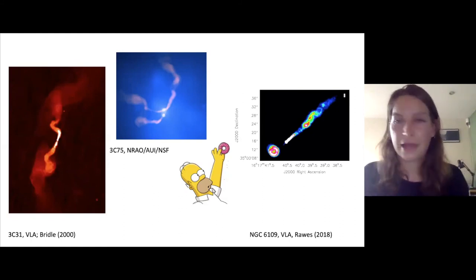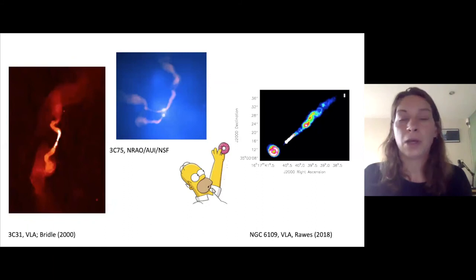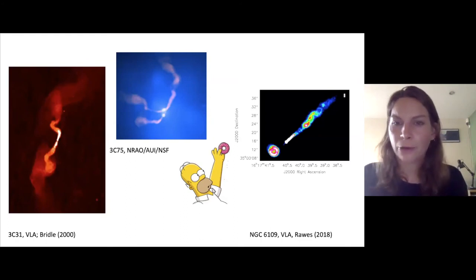The other option is that there's some kind of turbulent hot gas in the environment that's pushing it round. But so far, we don't actually have any evidence for this hot gas at any other wavelengths. So work on the donut galaxy is still ongoing.